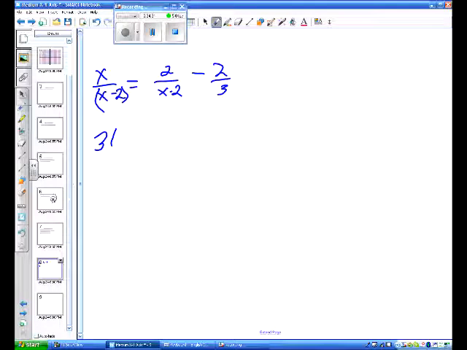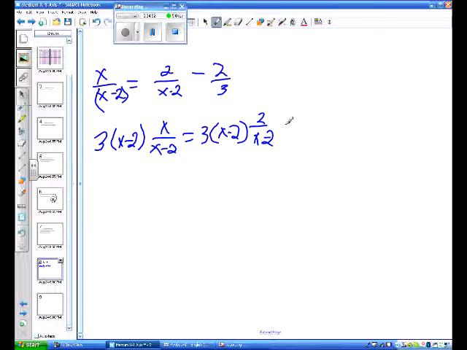So our common denominator is going to be 3 times x minus 2. And we're going to multiply each term by that. Now, as we're doing that, let's stop and think, what would make our denominator 0? How do we go about limiting our domain on this one so that we know that our denominator cannot equal 0?